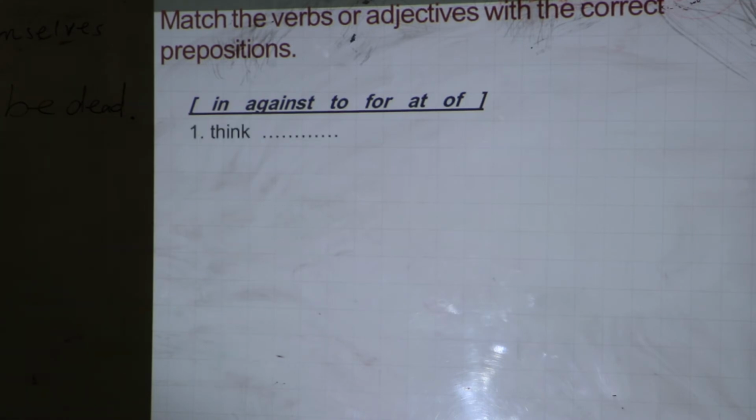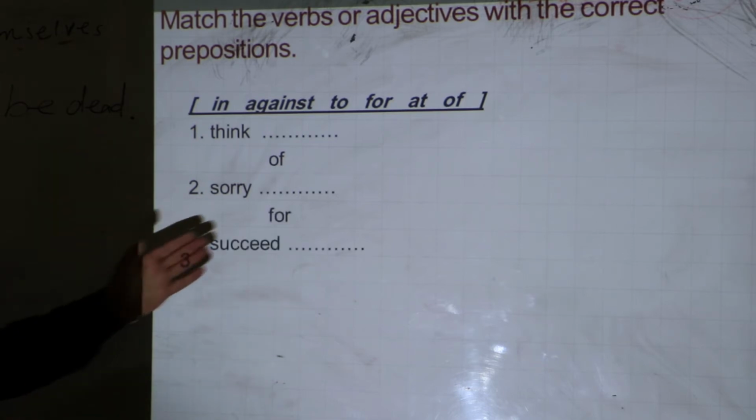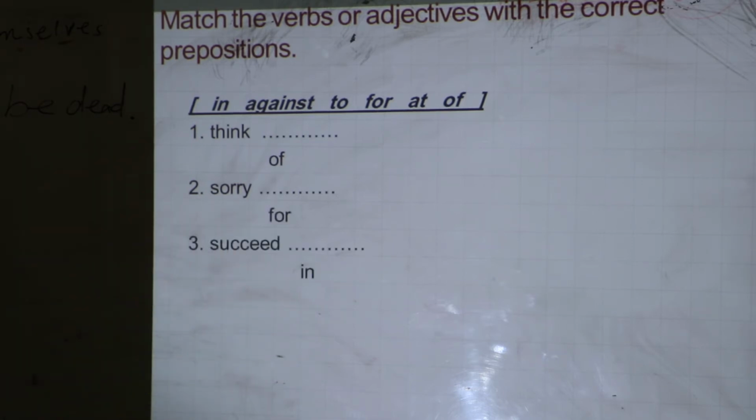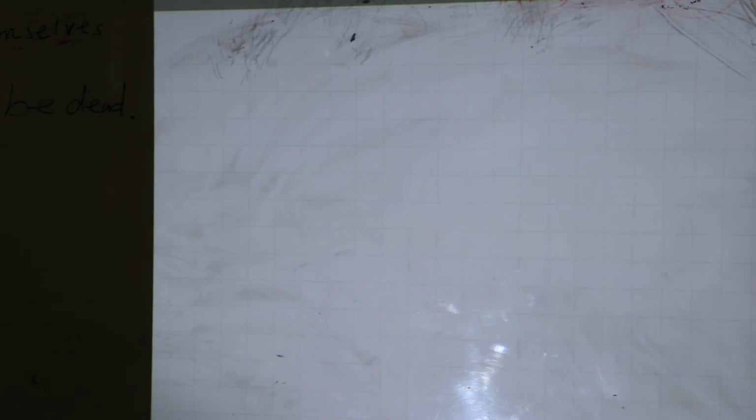Look at number 1, think of. Number 2, sorry for. Number 3, succeed in. Right. And number 4, look forward to. Number 5, decide against.